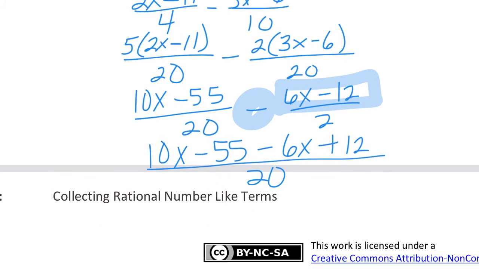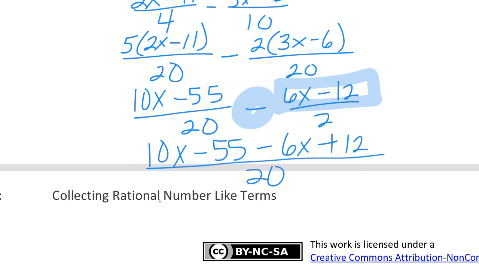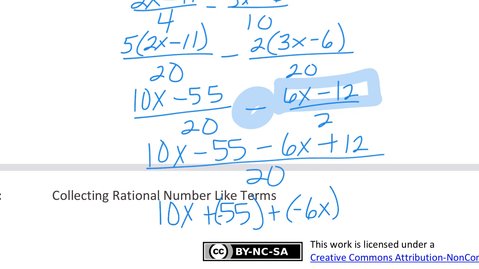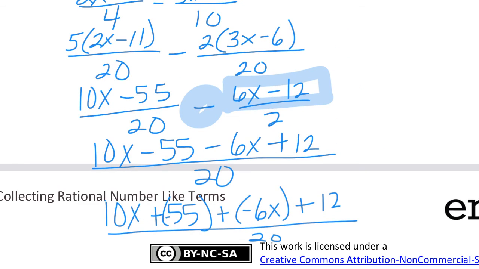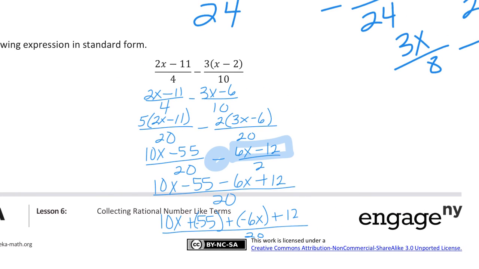Rewriting subtraction as addition: 10x plus negative 55, plus a negative 6x, plus 12, all of that over 20. And then I'm going to combine terms, so 10x plus negative 6x is 4x.